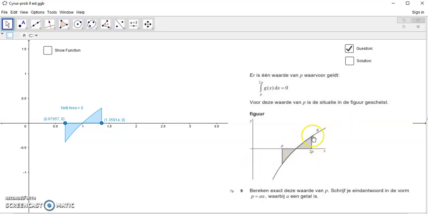But in any case, it's a little confusing because it doesn't tell you what g is. So you have to look for a clue. And down here it says, calculate the exact value of p and write your final answer in the form of p is equal to ae, where a is a number. Okay, so what you have to do is figure out what this function g is. Now, the clue is in this little statement here.